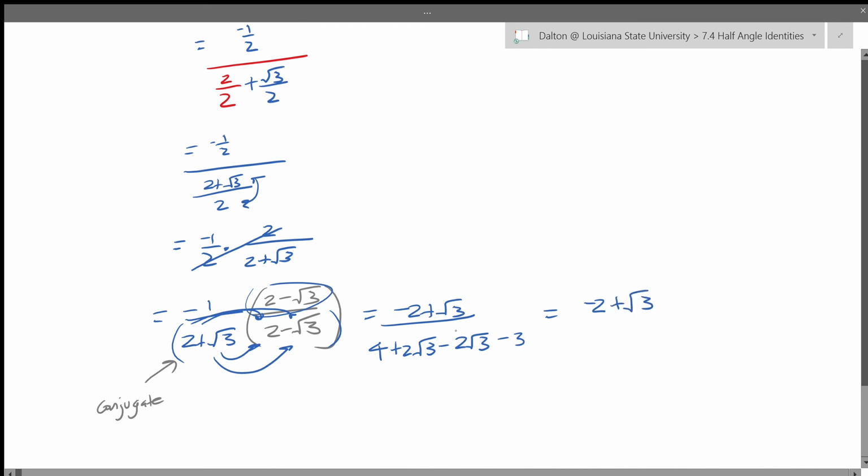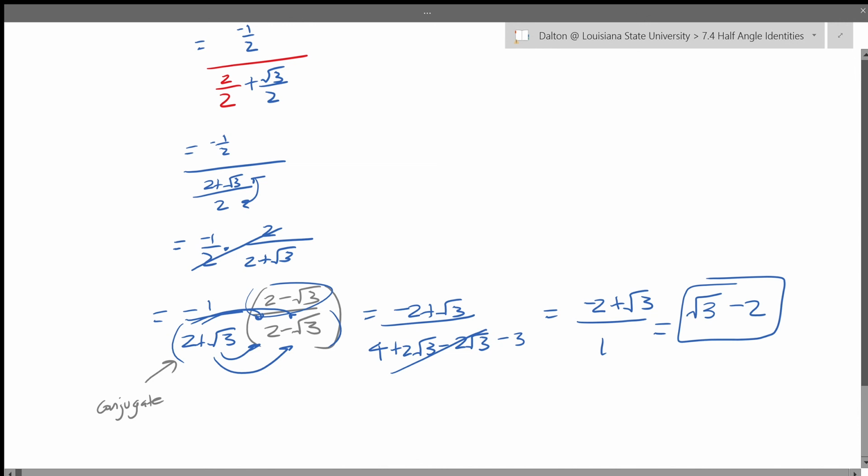These two middle terms cancel, right? 2 square roots of 3 minus 2 square roots of 3. And then 4 minus 3 is 1. And anything over 1 is just itself. So typically as your answer, you would probably see this more commonly written as square root of 3 minus 2. And of course it's all over 1, which just means it is itself.